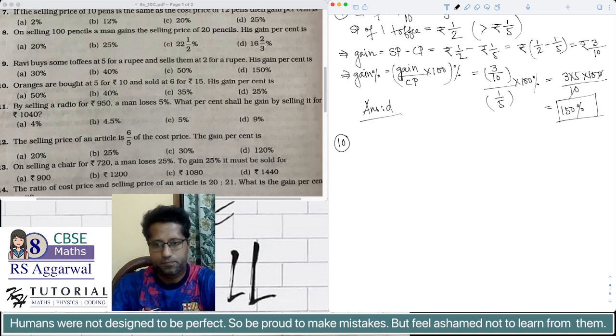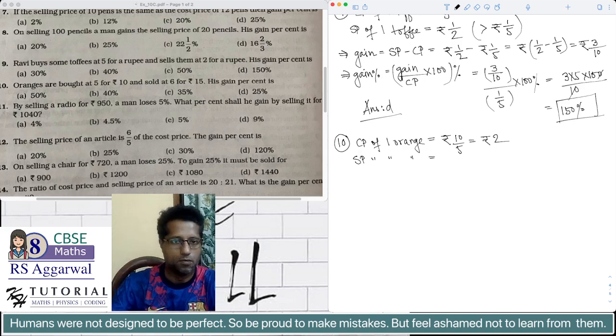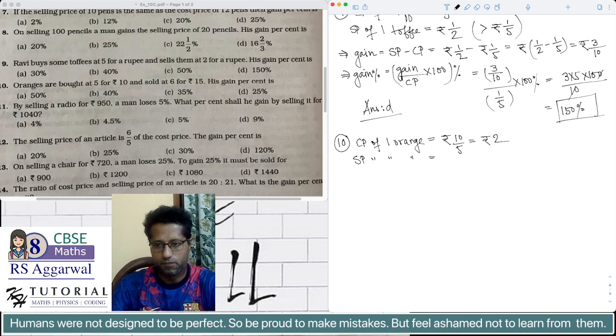The cost price of one orange is rupees 10 by 5, which is rupees 2. Similarly, the selling price of one orange is rupees 15 divided by 6, which is rupees 5 by 2.